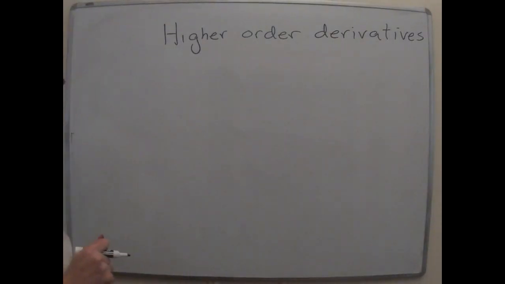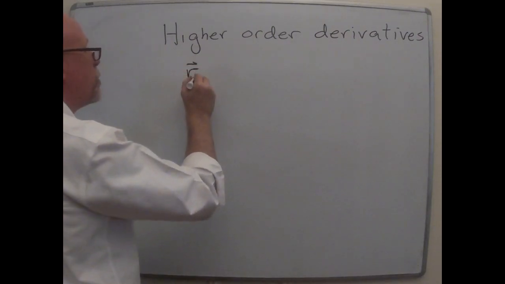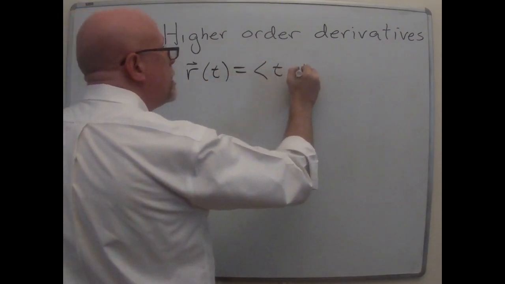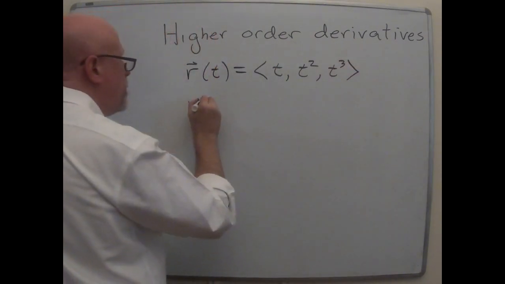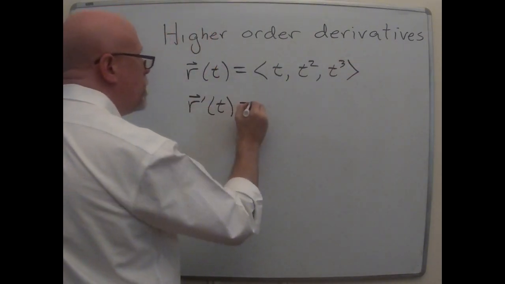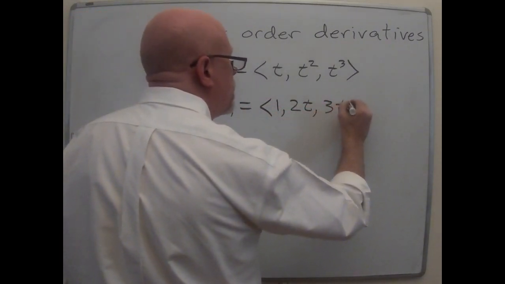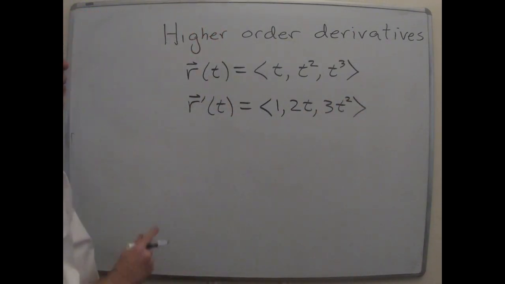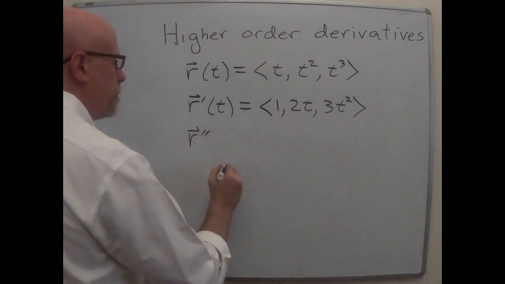Next topic is higher order derivatives. Can we take more than one derivative? So let me return to one of the first examples we had. r of t was t squared, t cubed. And then r prime was 1, 2t, 3t squared. By higher order derivatives, I mean keep going like this. Now take a derivative of the derivative. We'll have r double prime of t.